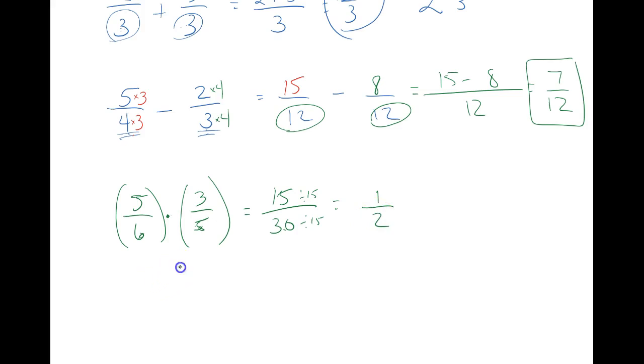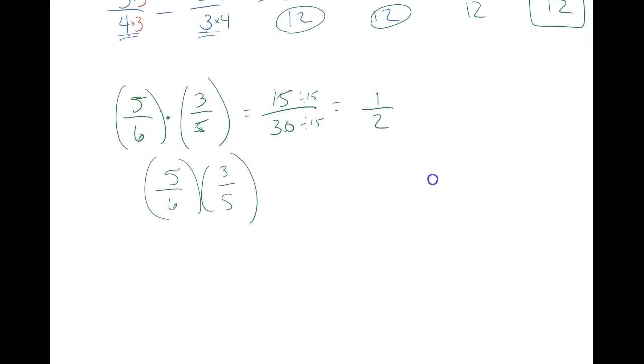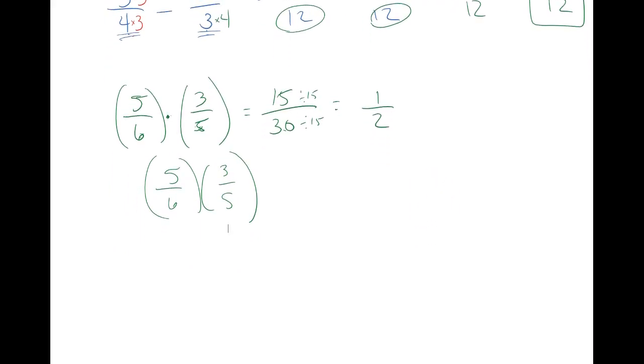Now, I'm going to recopy this and show you another approach, because you can reduce the fractions early in the problem and get to your answer a little bit quicker. The way you reduce is, we did it above, you either reduce from top to bottom this way, or when you're multiplying, it's legal to go the other way as well.